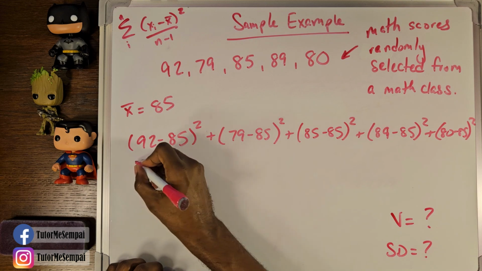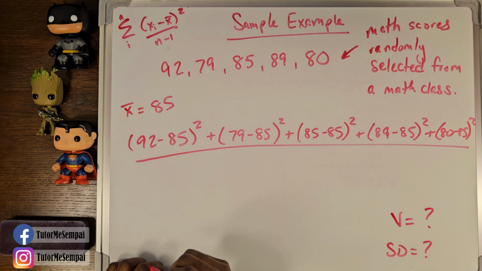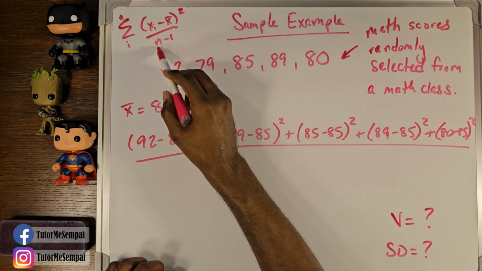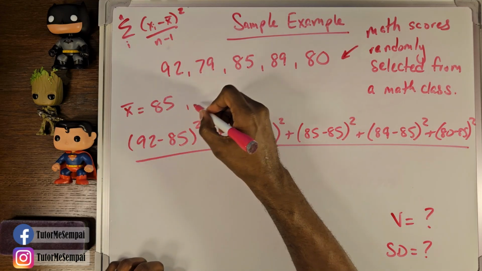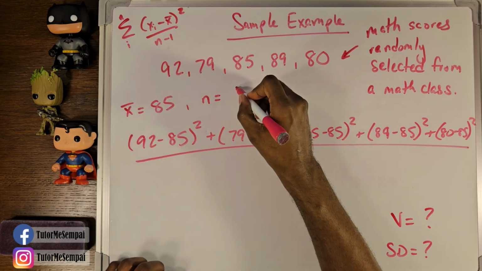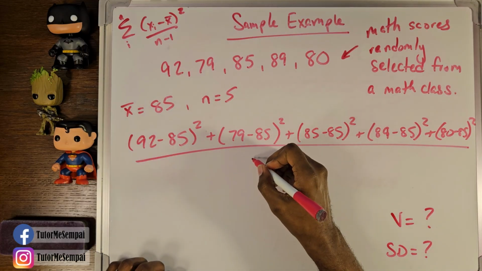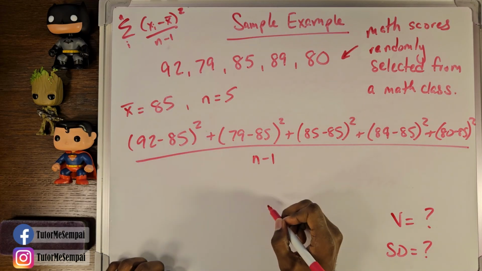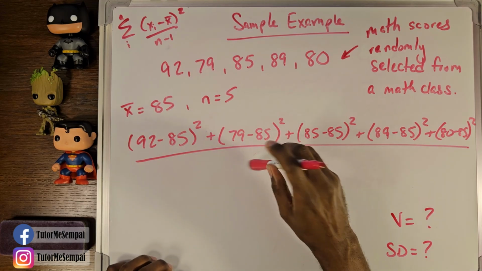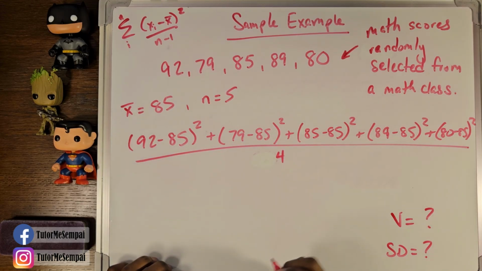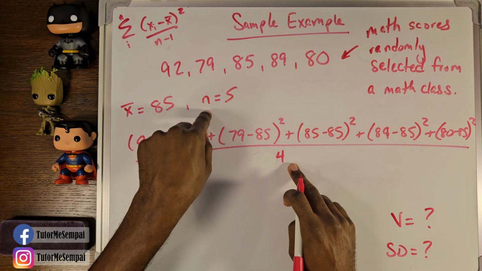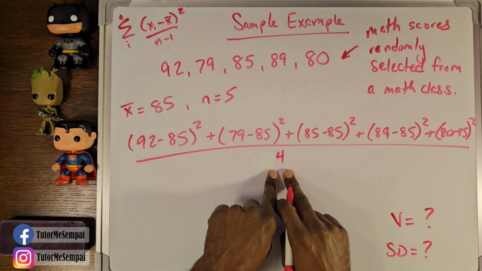Had to squeeze that in. Not good space management. And it's going to be n minus 1. Now, n is what? n is going to be 5. That's what we use to find our sample mean. But this is going to be n minus 1. So it's going to be all divided by 4. So we're not dividing by 5, not the full sample size, but one less than the sample size.